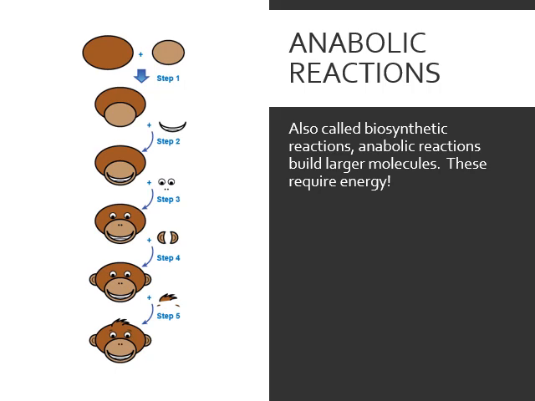Now I'm not going to go into much detail about this because really it's just catabolic reactions backwards. So if you understand how oxidation reduction works, it works the same way with this. That's all I have to say about that. If you took all of the catabolic reactions and all of the anabolic reactions, you put them together, what do you get? Your metabolism, right.